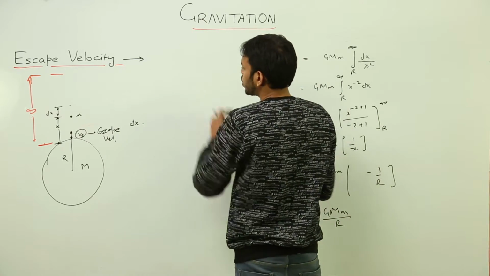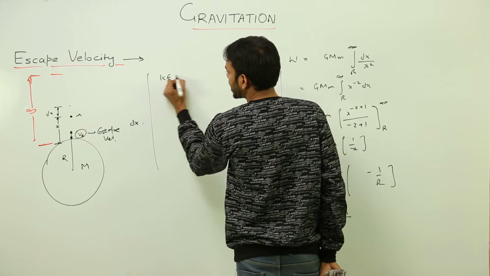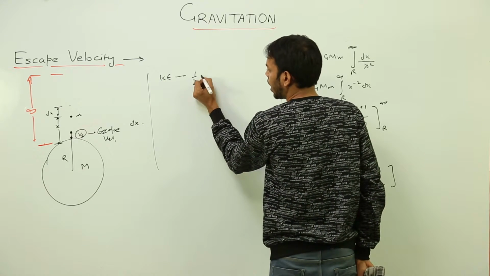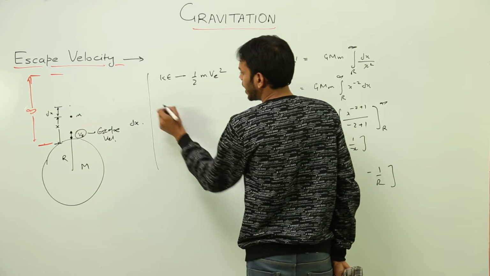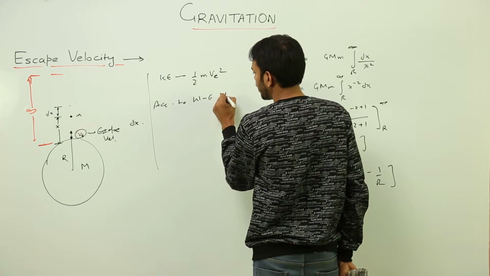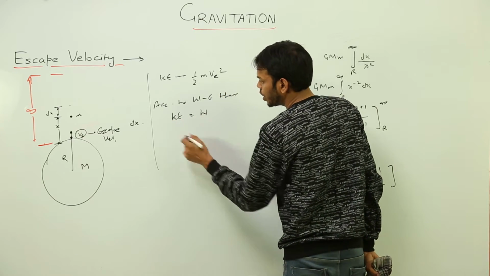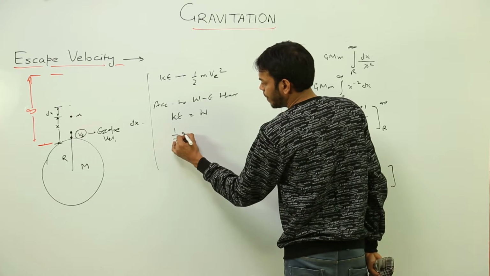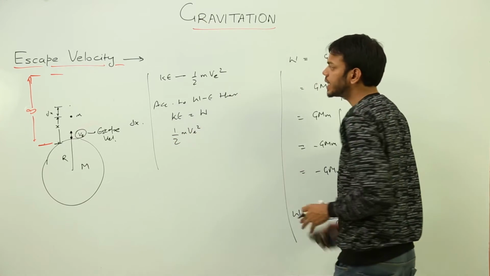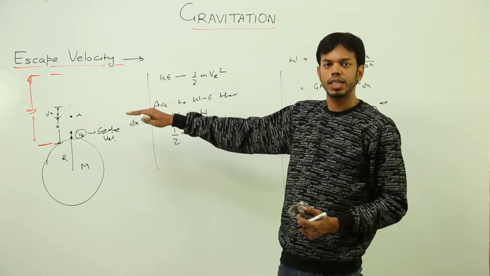Kinetic energy associated with the body is half m VE square, and according to work energy theorem, kinetic energy would be equal to work done by the body. I'll repeat that sentence: kinetic energy associated with the body is equal to work done by the body.